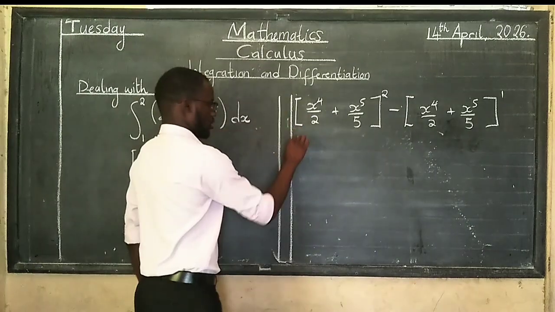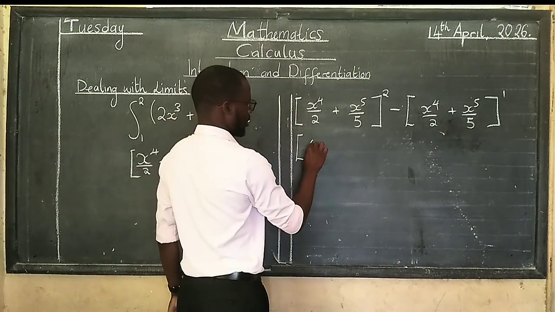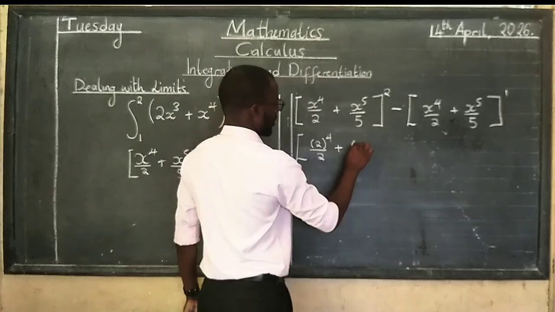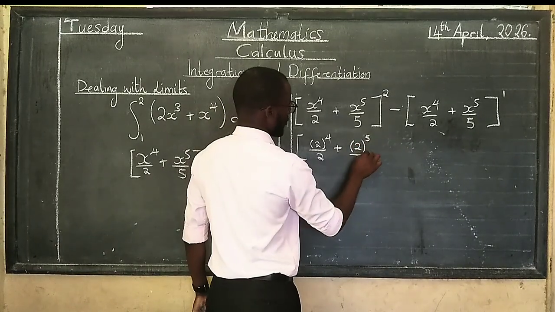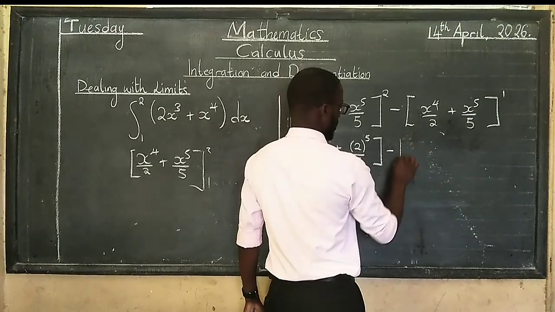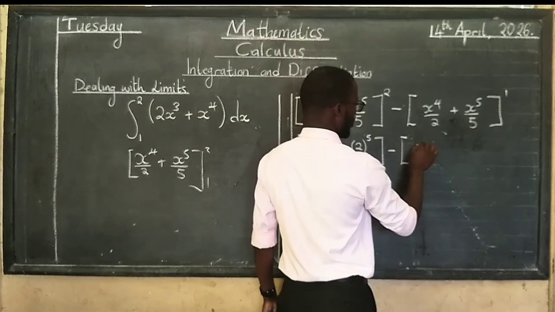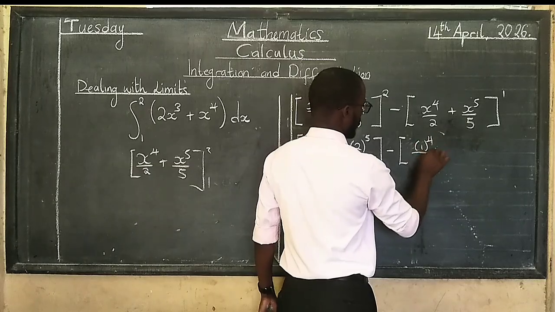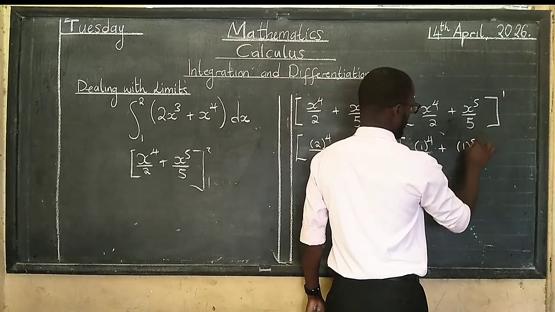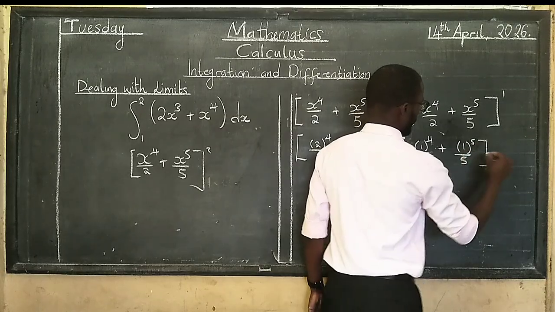So this is going to be 2 to the power 4 over 2 plus 2 to the power 5 over 5, minus, here I'm going to have 1 to the power 4 over 2 plus 1 to the power 5 over 5.